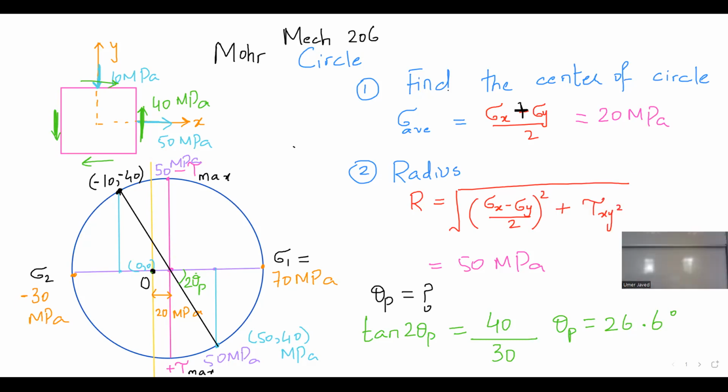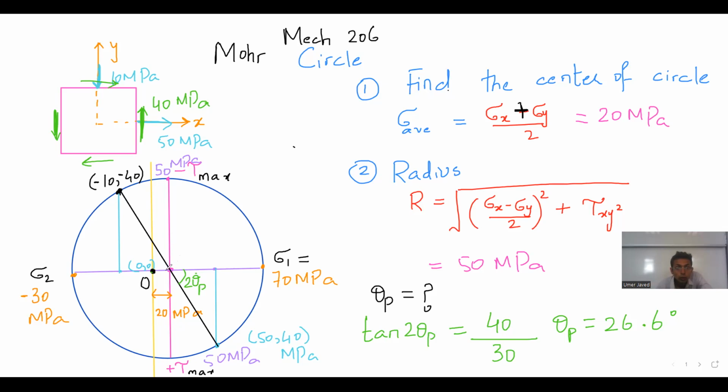Okay. So just tell me, what is the value of normal stress on the plane that has the maximum shear stress? 0. No. Where is the maximum shear stress? Good. Good answer. This is tau max, right?